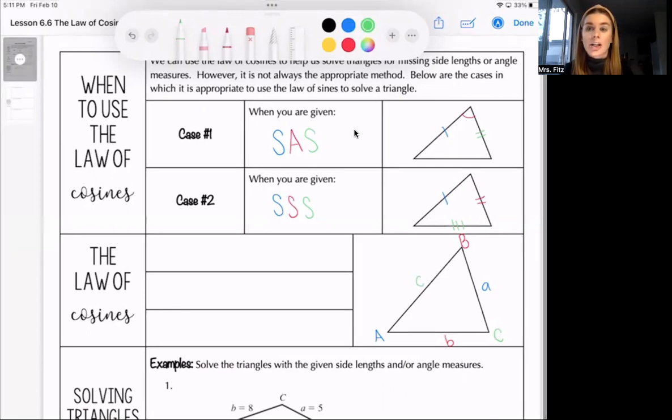Okay, so we can actually modify this formula depending on what you want to solve for. For example, let's say I wanted to solve for lowercase a.